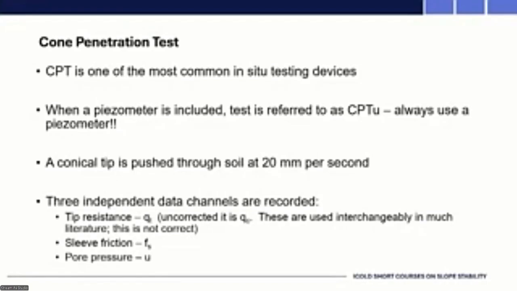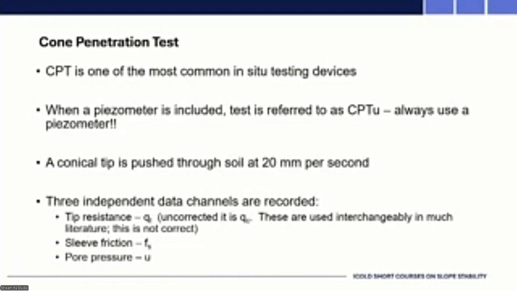When you see that little subscript u, lowercase u, it usually indicates that it's a CPT that actually includes a pore pressure transducer. So in the early days, the CPT was just a tip resistance and a friction sleeve. And that seemed to suffice in cases where people kind of knew the material they were testing, such as sand.